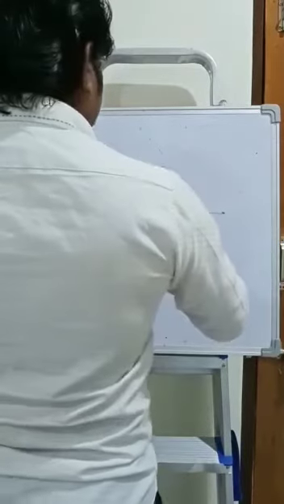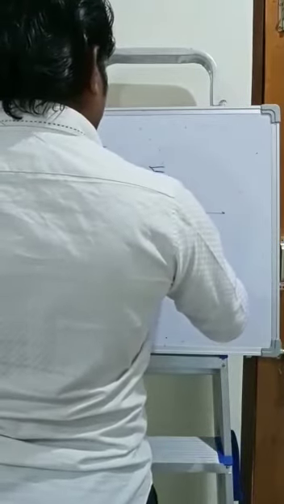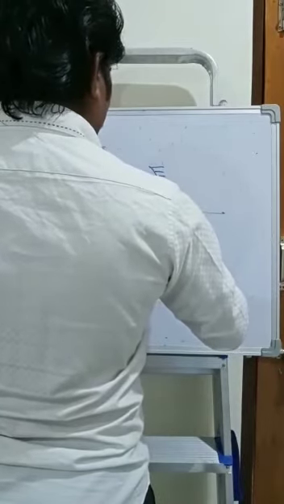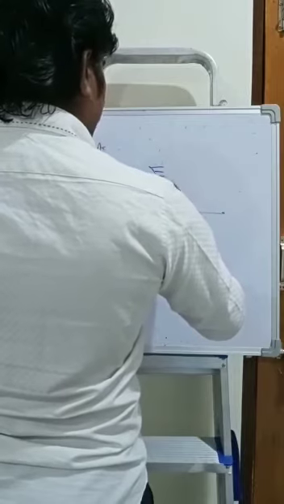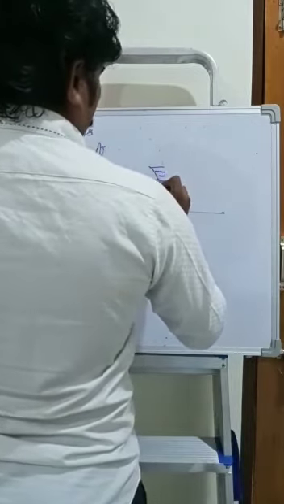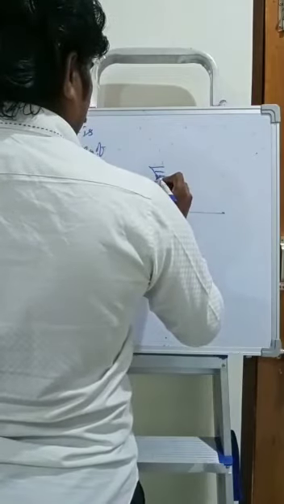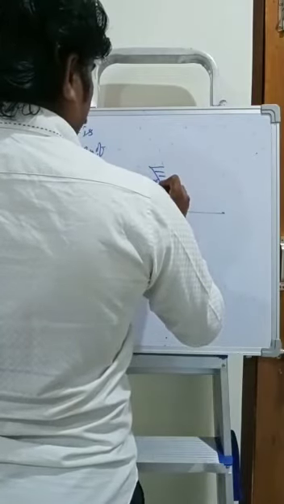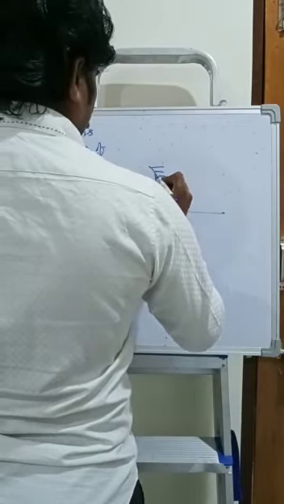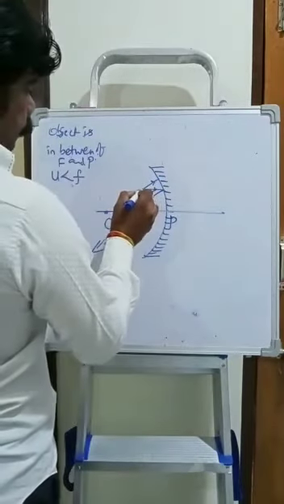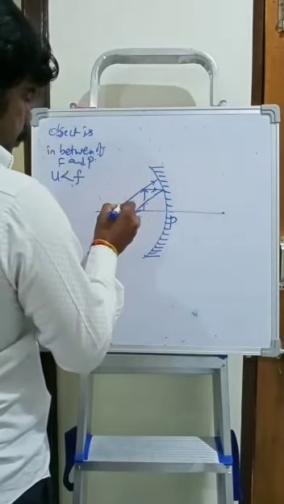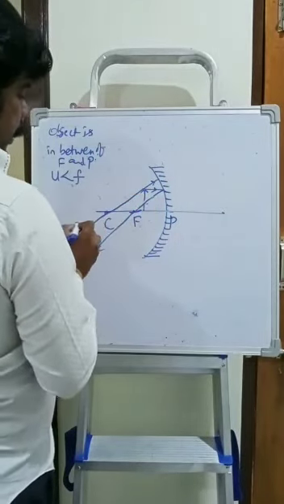Then the second incident ray you should take is the one passing through the center of curvature. It should be reflected back in the same way.